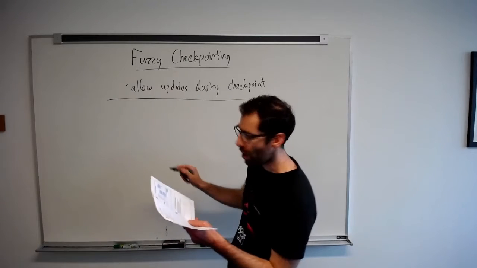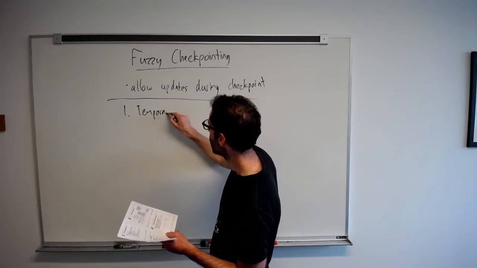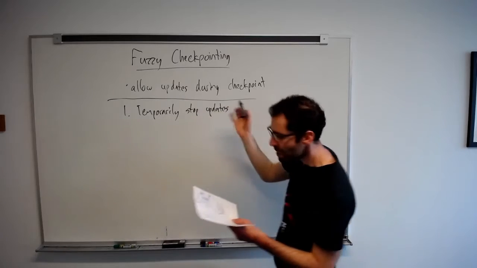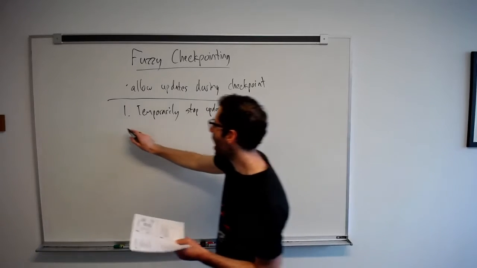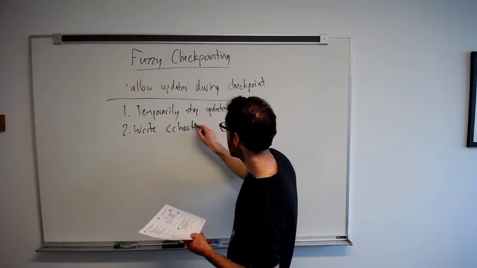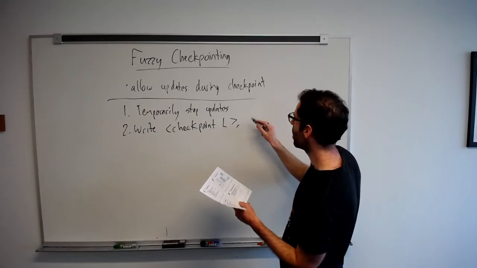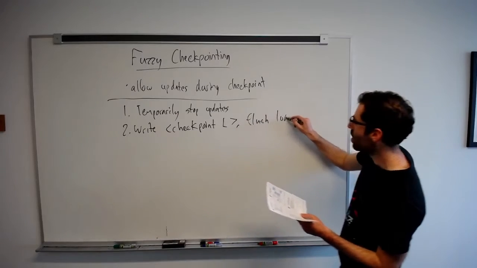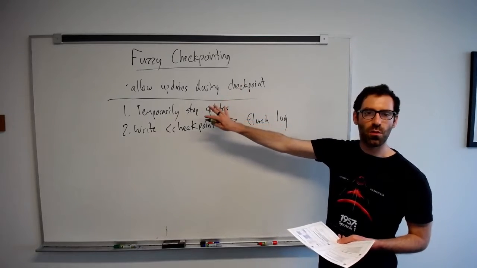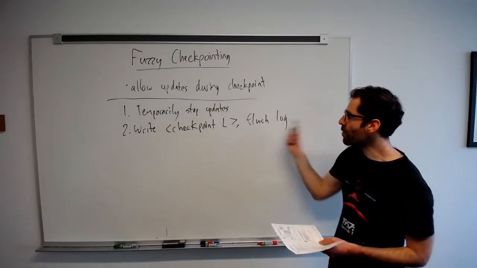So our first step is we're going to temporarily stop updates, and this will give us time to write our checkpoint log record and flush the log to disk. So we're going to stop updates for the time it takes to write one of these checkpoint records to our log and flush the log out to disk.